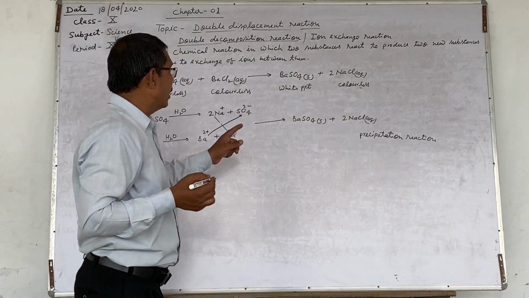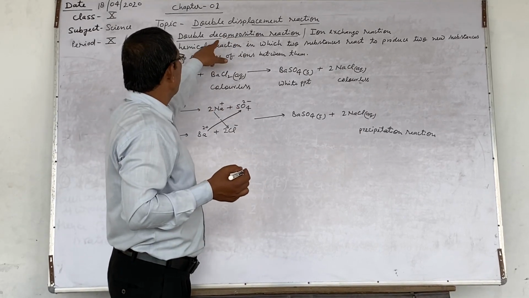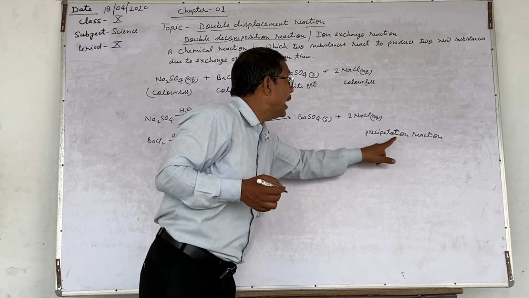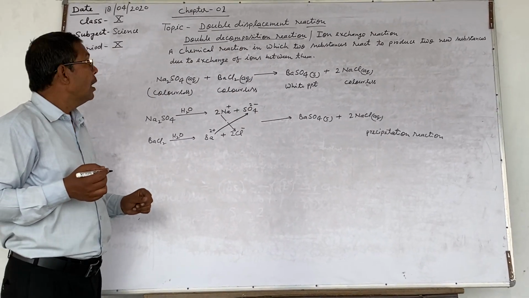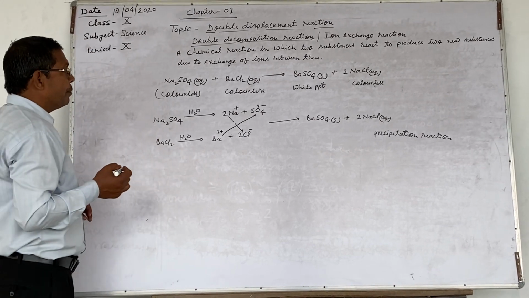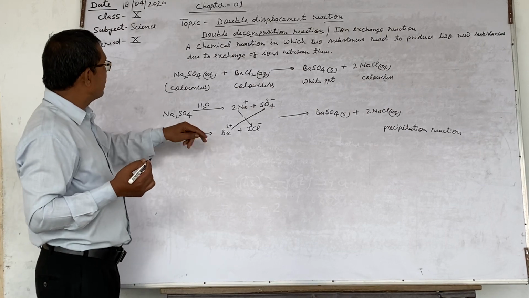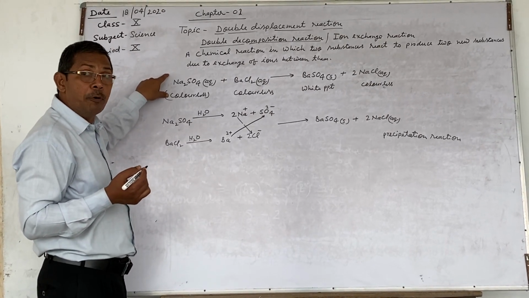So here this reaction can be named as double displacement reaction, double decomposition reaction, ion exchange reaction, as well as precipitation reaction. Right? Now take another example. But before taking another example, I want to tell that this activity has been given in your NCERT book.